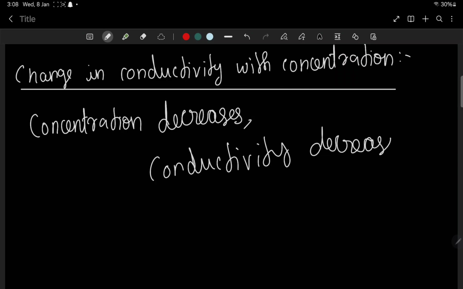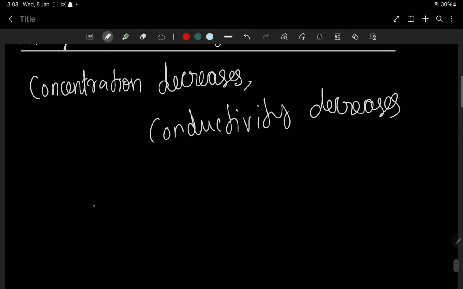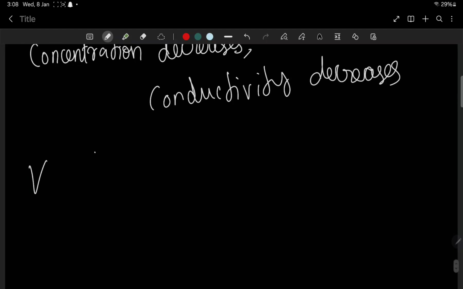As concentration decreases, the number of moles per volume decreases, the number of ions per volume decreases. As the number of ions per volume decreases, conductivity decreases. Okay, perfect. Now that's correct.